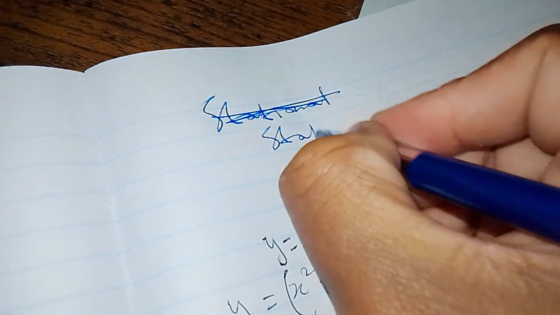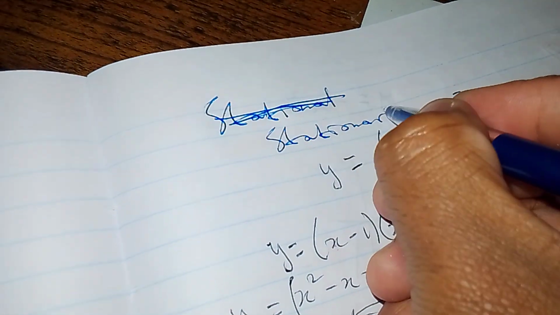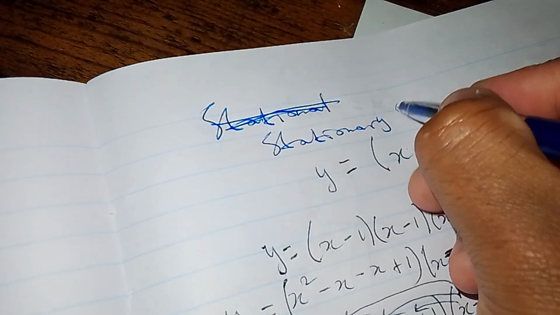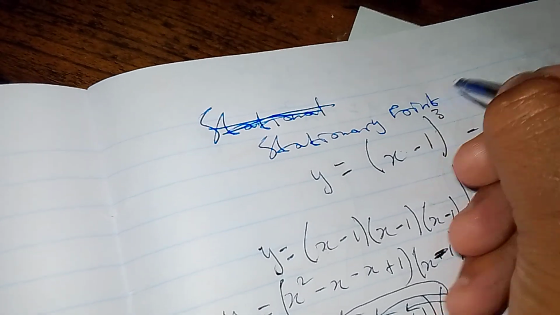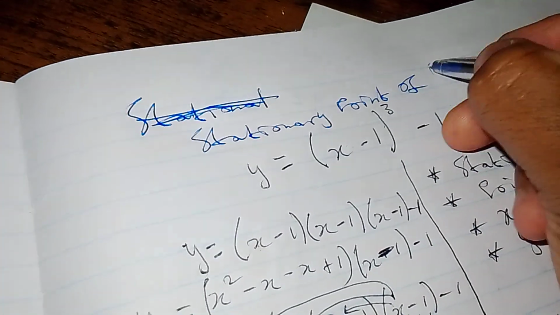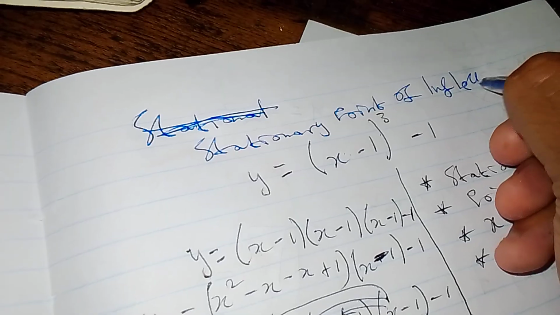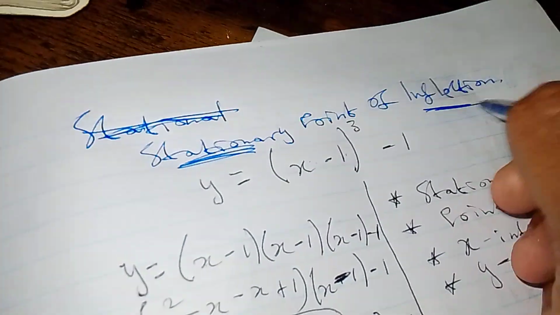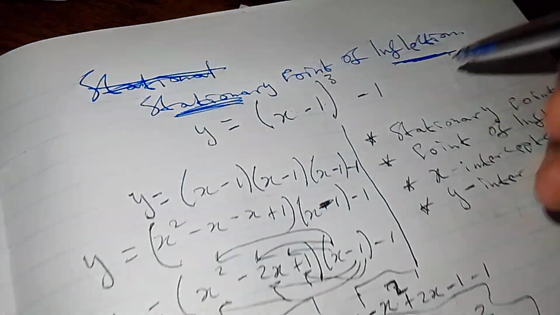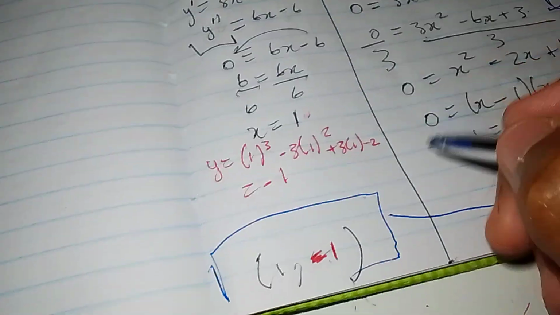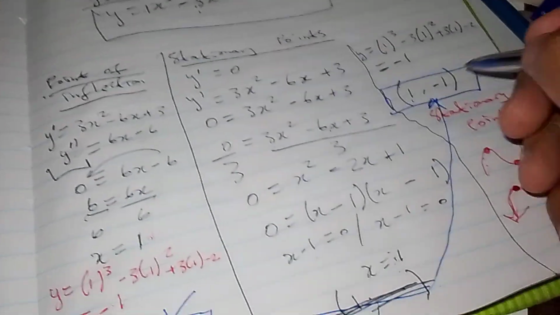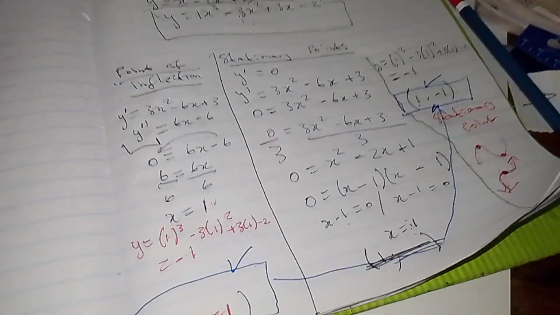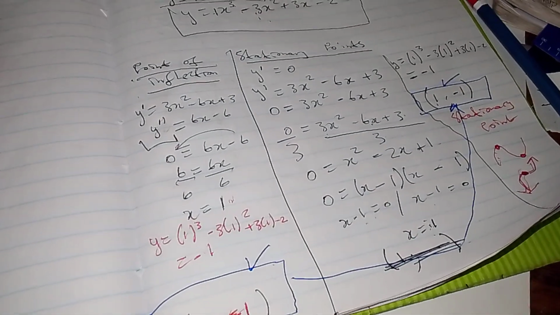It's the stationary point of inflection. We call it a stationary point of inflection because this point that we got here is the same as this one. Can you see? So that is what is happening.